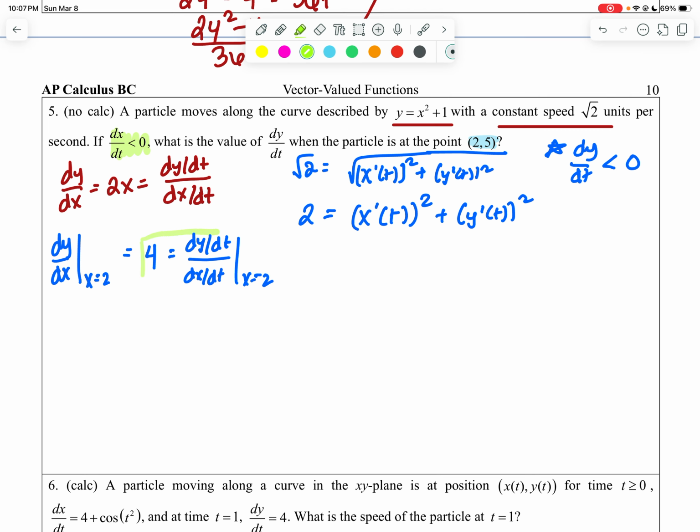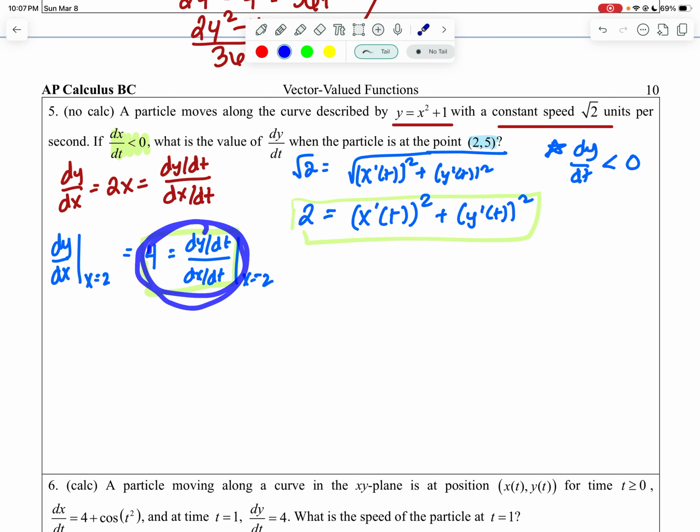Now this is going to help us a little bit because we have 4 is equal to dy/dt over dx/dt, and then we have 2 is equal to (dx/dt)² + (dy/dt)². All right, so we're going to solve this using systems of equations, and what I'm not trying to do is solve for dx/dt or dy/dt here because those are already squares. Now, to make my life simpler, and because I want to solve for dy/dt, I'm going to go ahead and solve for dx/dt here so that it's in terms of dy/dt.